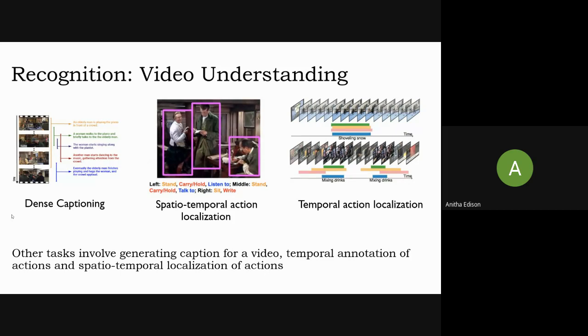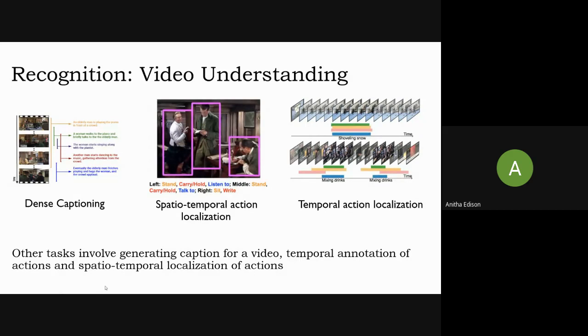Next is spatio-temporal localization of action. Earlier, the computer just identified whether an action is there or not. In spatio-temporal localization, the computer will identify where a particular action is taking place.